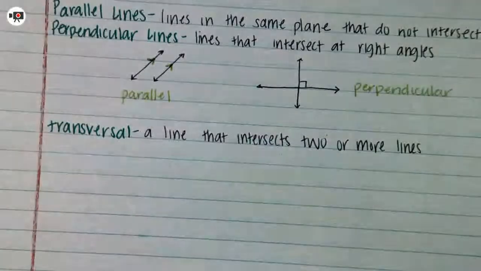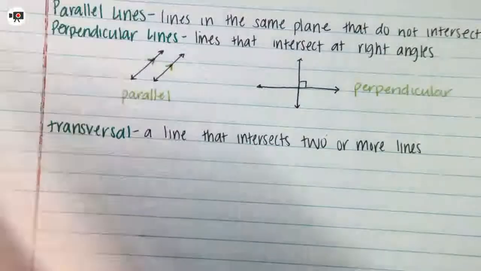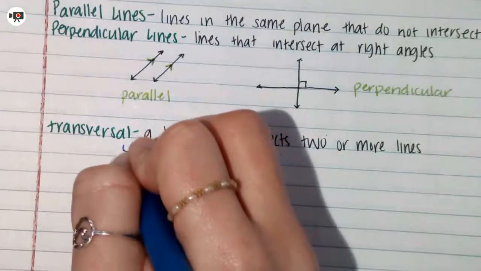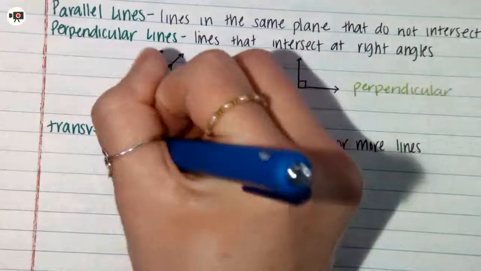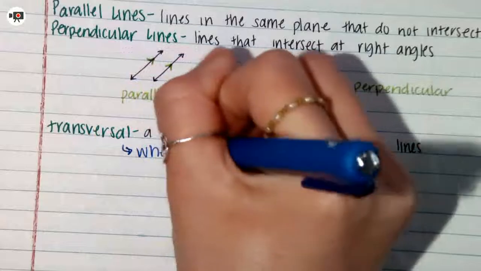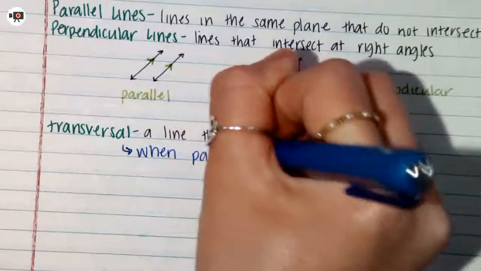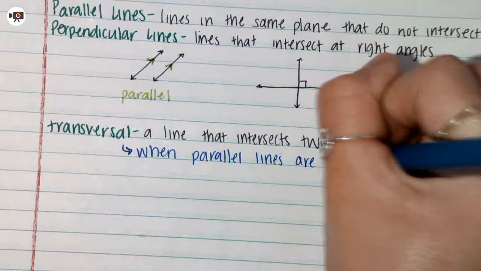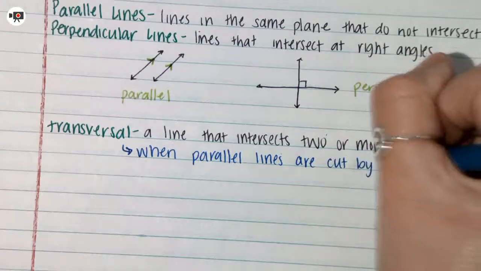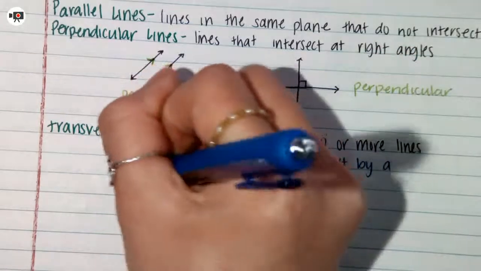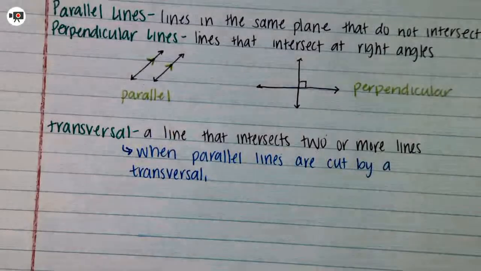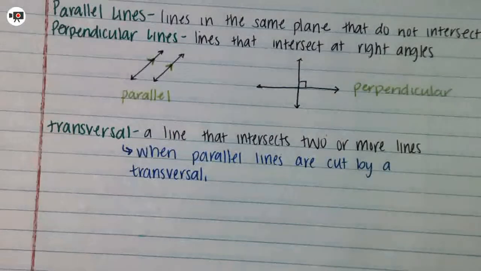And in here, when parallel lines are cut by a transversal, several pairs of congruent angles are formed.